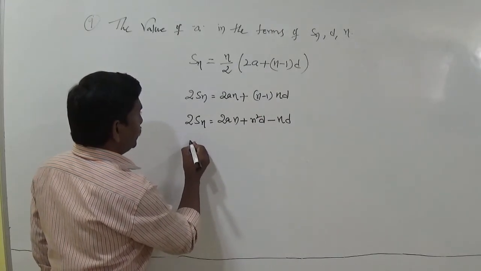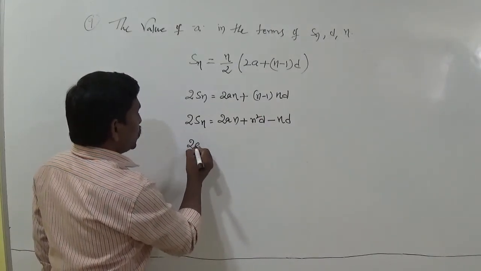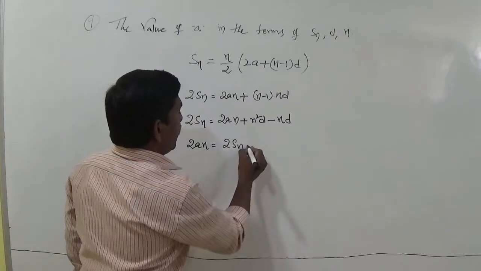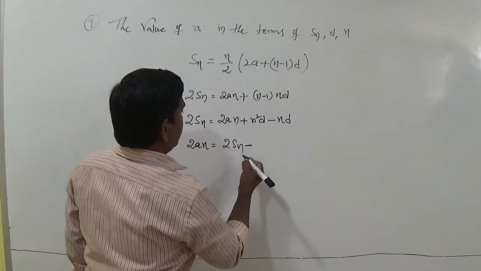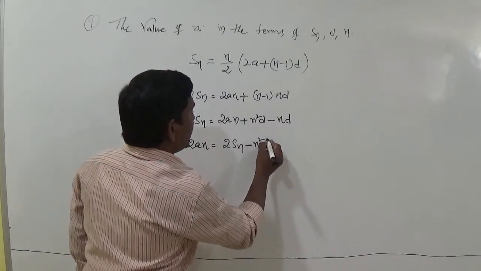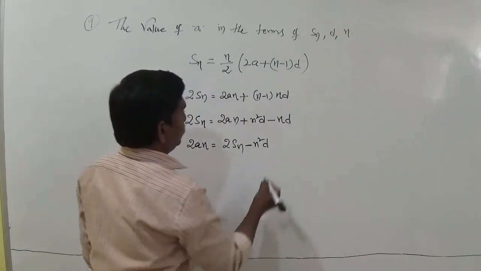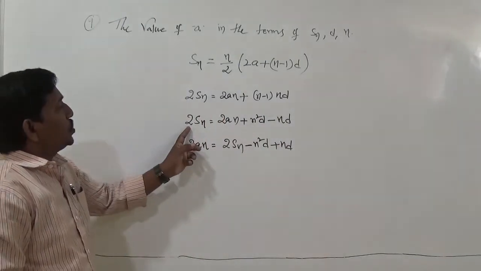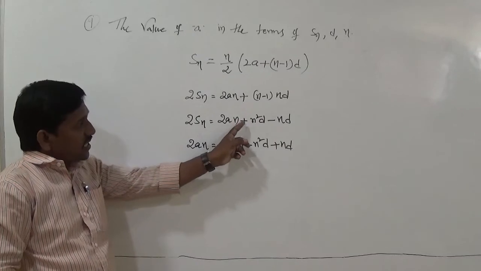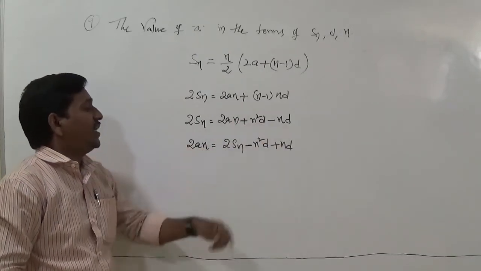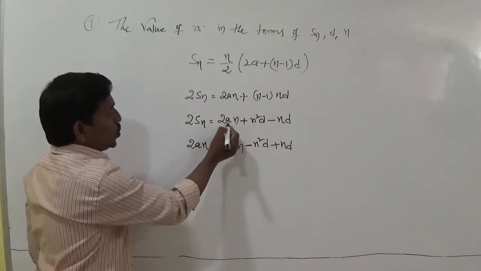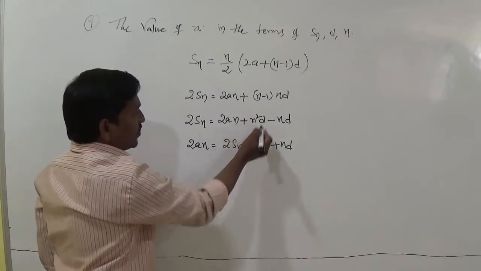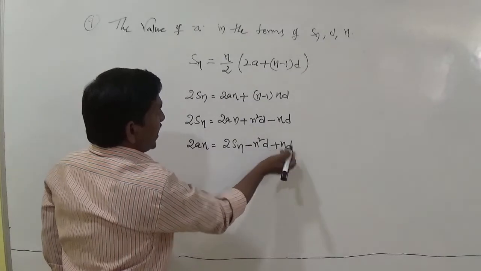Here 2an equal to 2Sn minus n square d plus nd by the transposition. 2Sn equal to 2an plus n square d minus nd; by the transposition 2an equal to 2Sn minus n square d, and minus becomes plus nd.